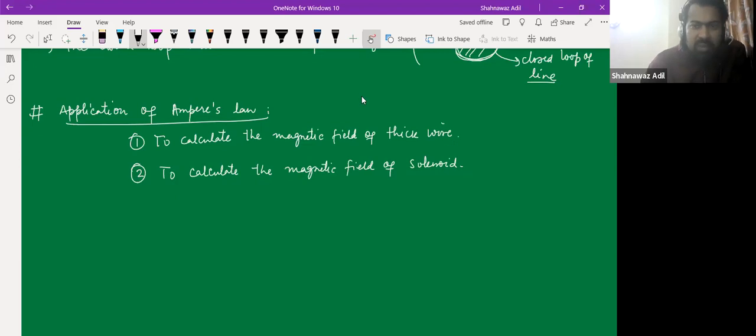These are the two main applications of Ampere's law.